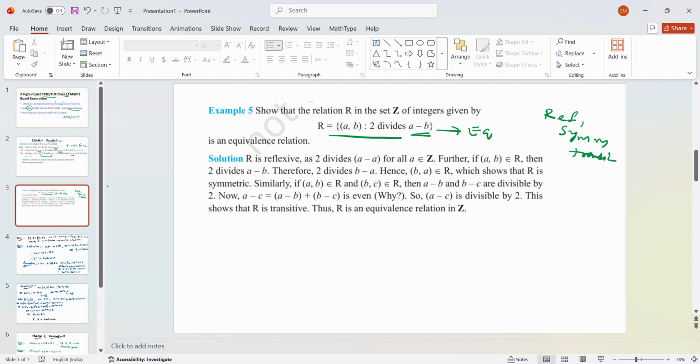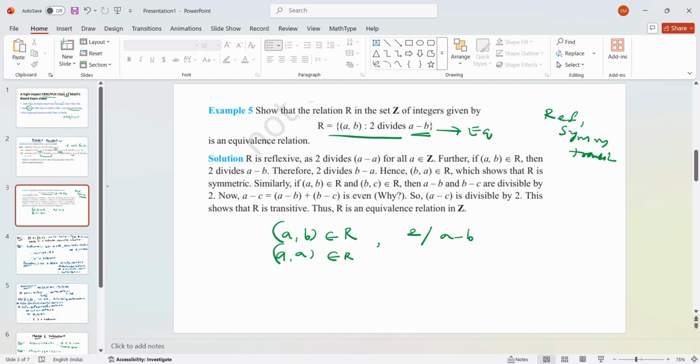Okay, now this is an important condition. Now what is the condition? (a, b) belongs to R means 2 must and should divide a minus b. Now for reflexive, what type of elements do we have to look for? We have to look for (a, a).